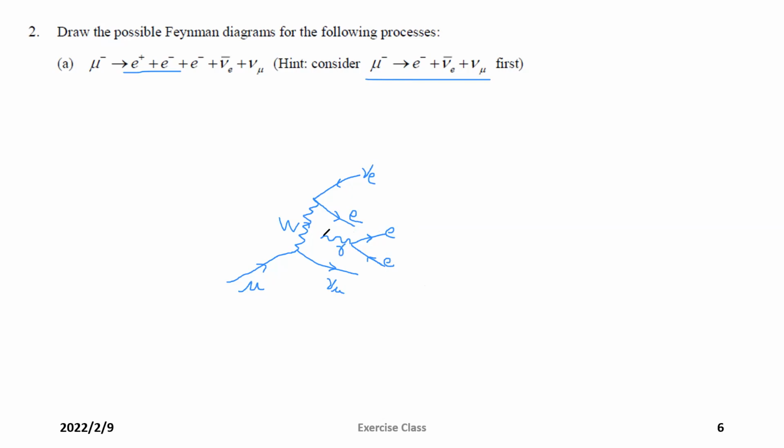Then we can connect this to the W boson because the W boson can couple with a photon. So this is one possible diagram.